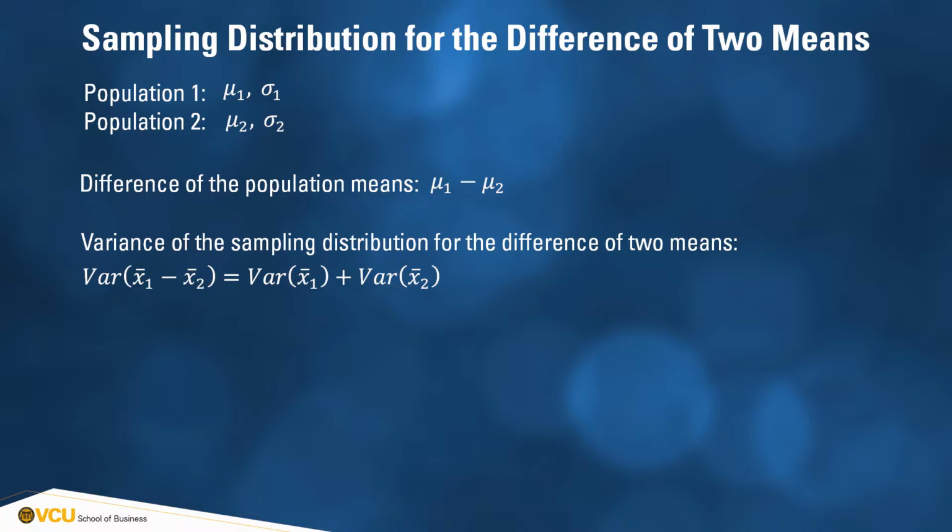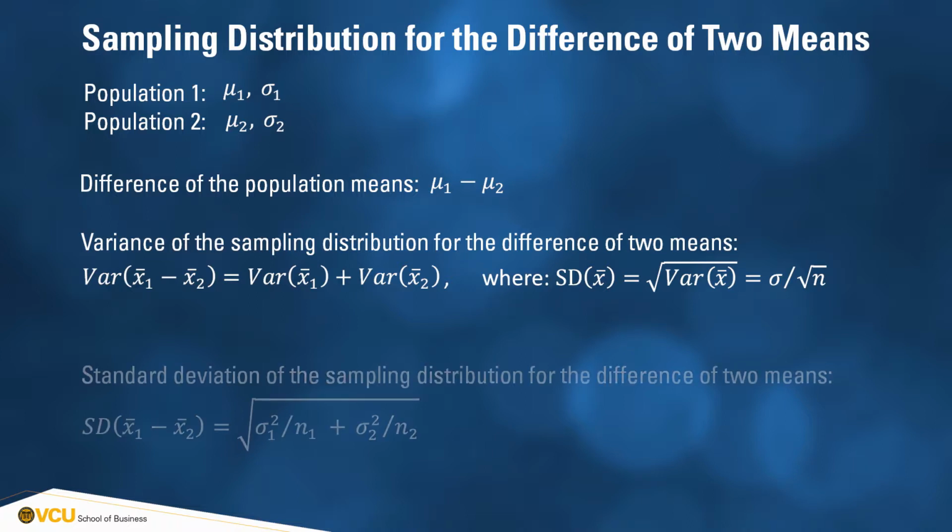Because the standard deviation is the square root of the variance, and we already learned in the last few lessons the formula for the standard deviation of the sampling distribution for the mean, which is sigma divided by the square root of the sample size, we can now write the standard deviation for the sampling distribution of the difference of two means as follows.